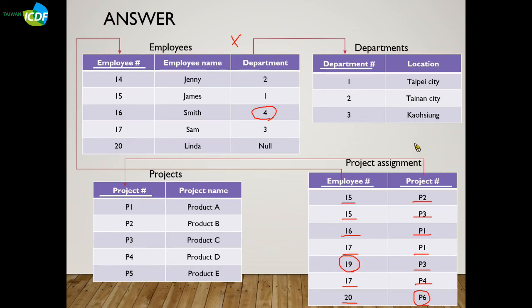So here, this table violates the referential integrity rules. The answer: the tables of employees and project assignments do not satisfy the integrity consistency.